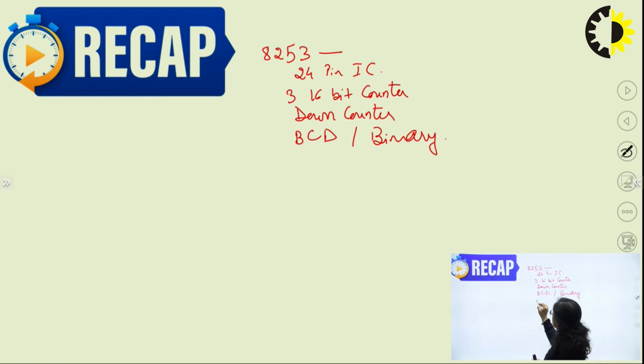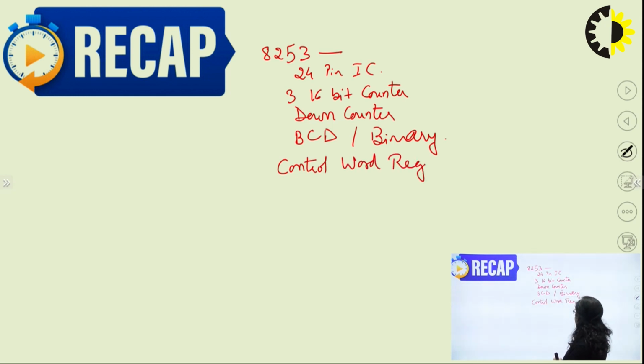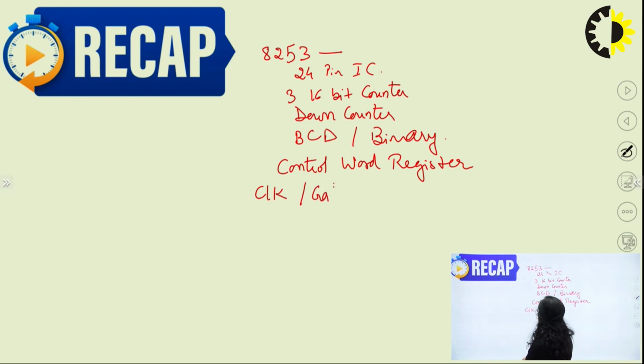To program each of these registers, we have to write to the control word register. From the control word register, we can configure one counter register at a time, and using external signals, that is clock and gate, we can control the operation.